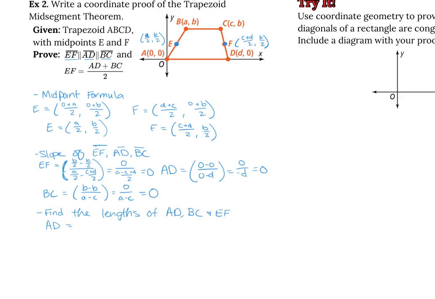So my length for AD, I take my x's and subtract, so d minus 0. So my length for AD is d. BC, I take c and subtract a, so my length is just c minus a.